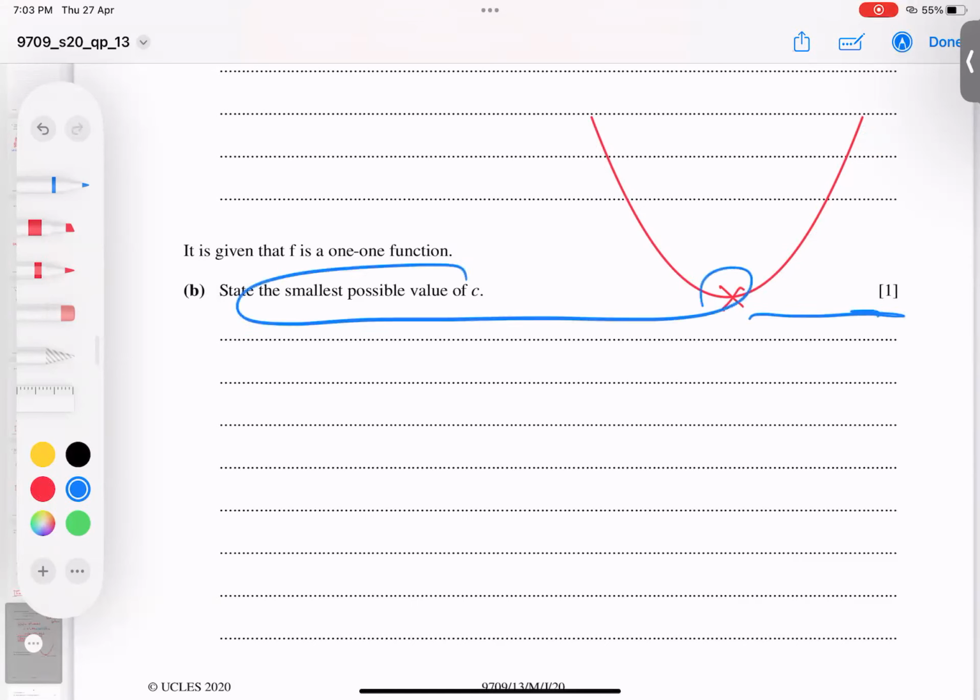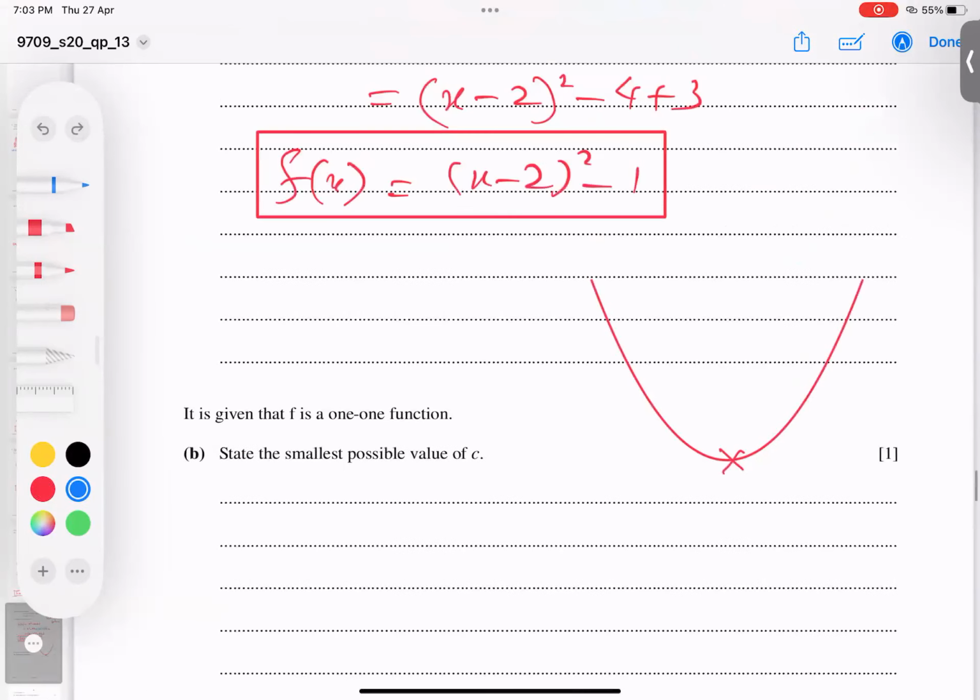So what is the least value of C? First of all, I will write a coordinate system. Whatever is inside the bracket, put equal to 0. I got 2. And what is the value of y? y equals -1. Actually, the turning point coordinates are 2, minus 1.